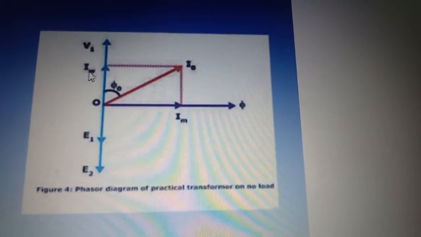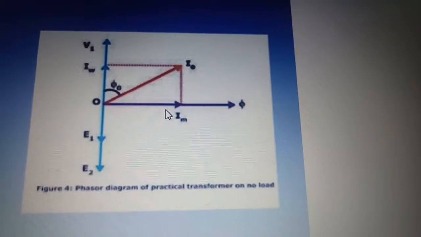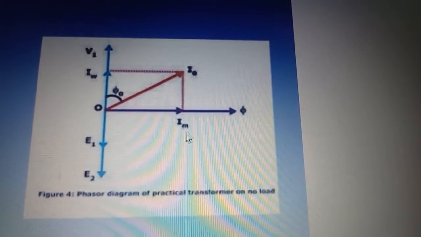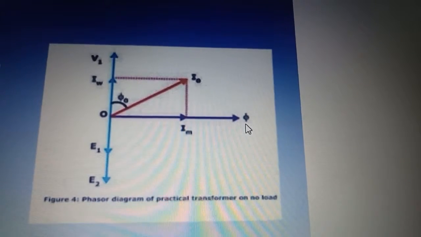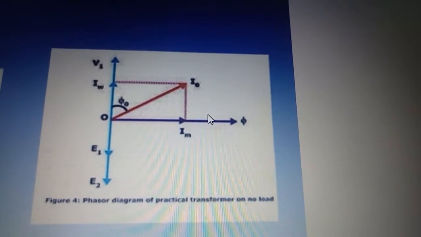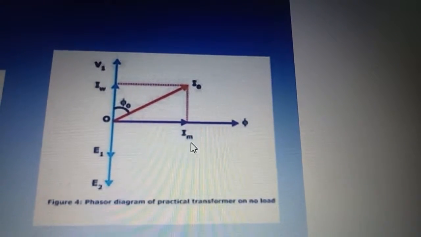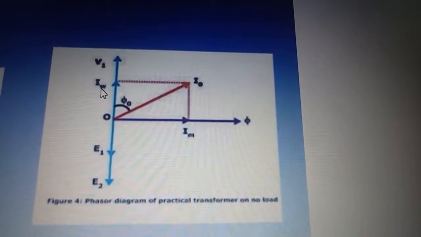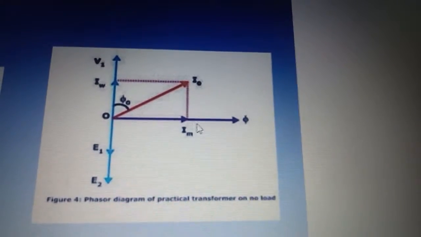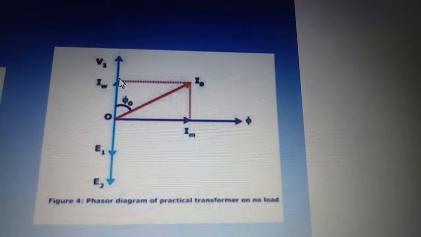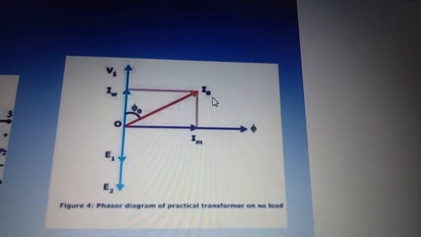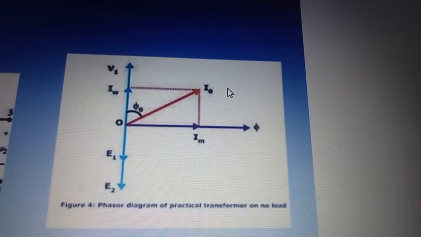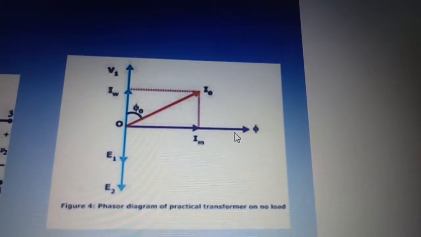The working component is equivalent to the heat developed in the core, and Im is the component equivalent to producing the magnetic flux. So Im is in phase with phi. The vector sum of Im and IW is I0. This is the Im vector, this is the IW vector. The resultant of the two vectors is I0, the no load current, right? So V1, I0, which is a combination of IW and Im, and phi.